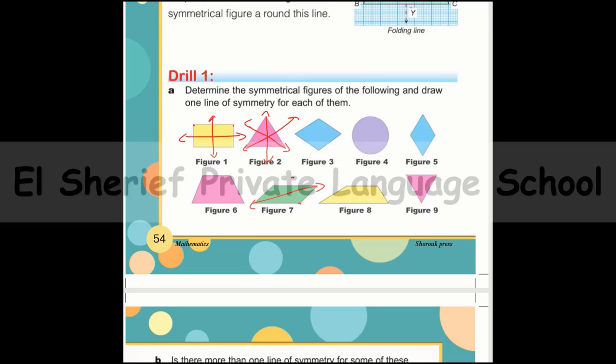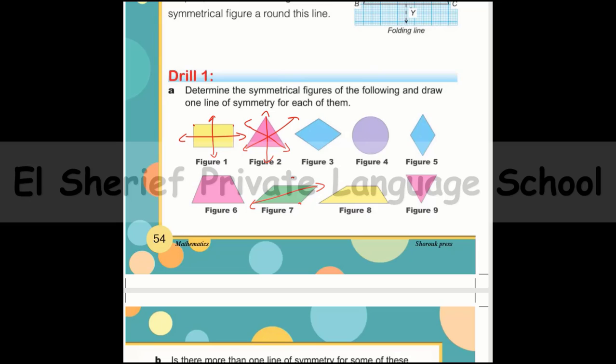Then quadrilaterals: we have square, rectangle, rhombus, and trapezium. In a square, we have four lines of symmetry. In a rectangle, we have two lines of symmetry.